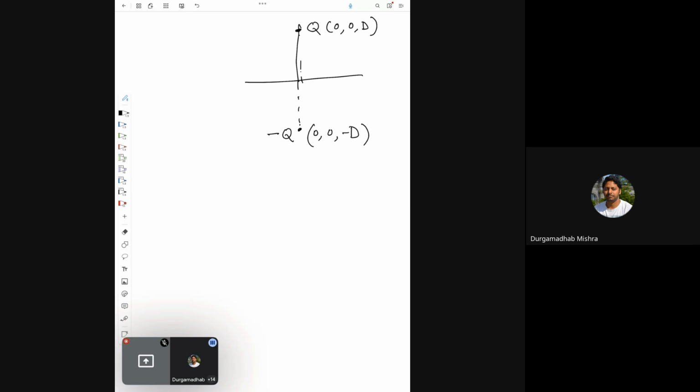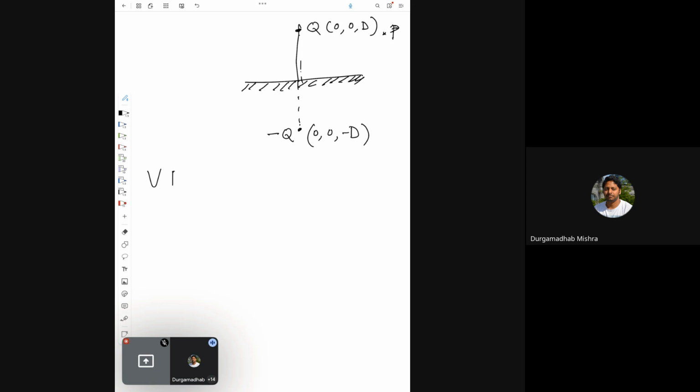This is like you have put a mirror here and taken an image of the charge q, which has a minus q at (0, 0, minus d). Now find out the potential at a point P on this side.